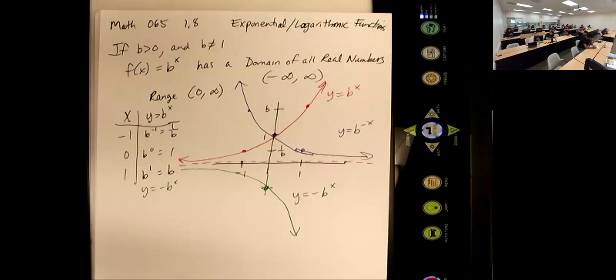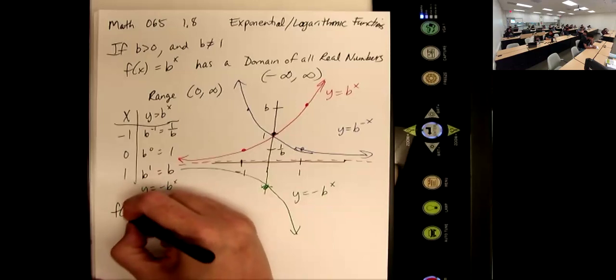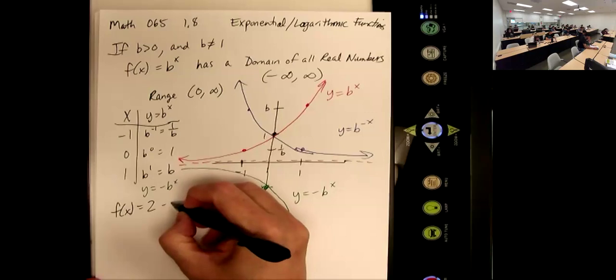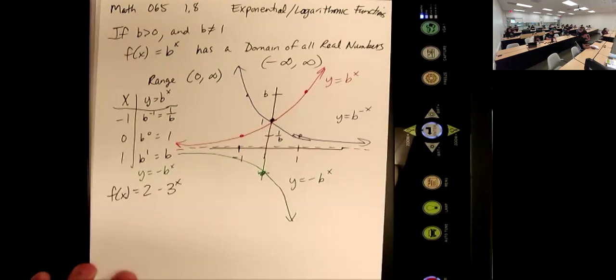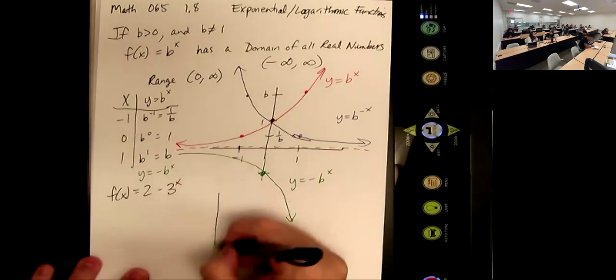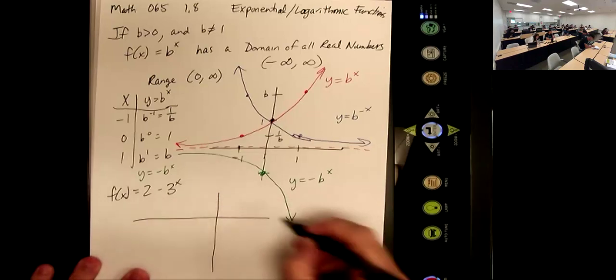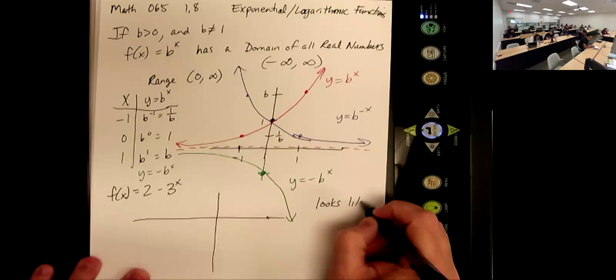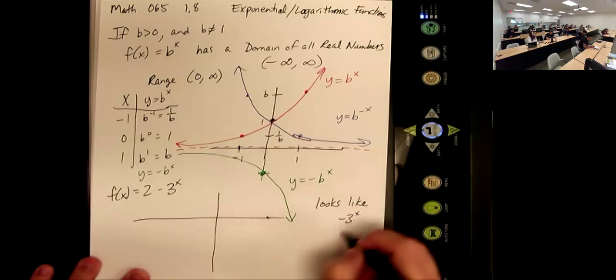And so if we had something like f of x equals 2 minus 3 to the x, this looks like negative 3 to the x shifted up 2.